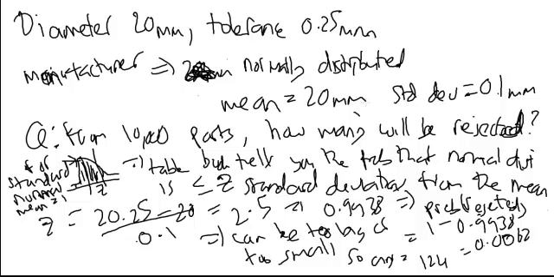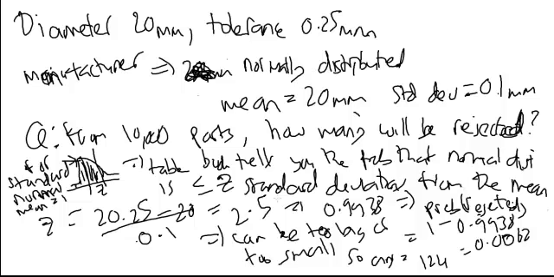From 1,000, it'll be 6. And from 10,000, it'll be 62. But since it can be too big or too small, you end up doubling it, so you get 124, which is the correct answer.